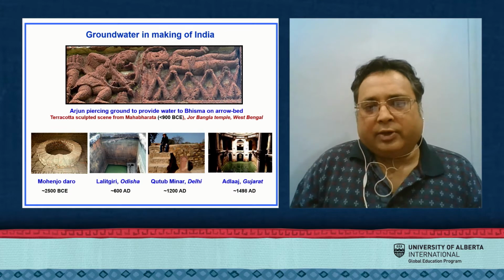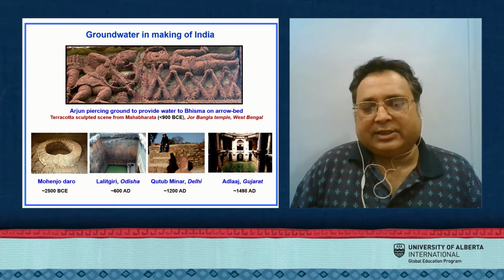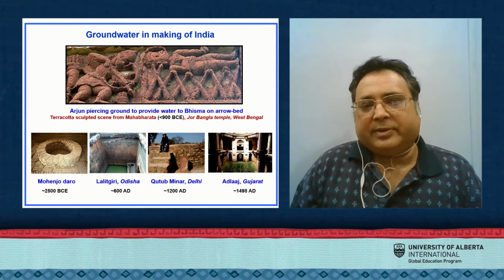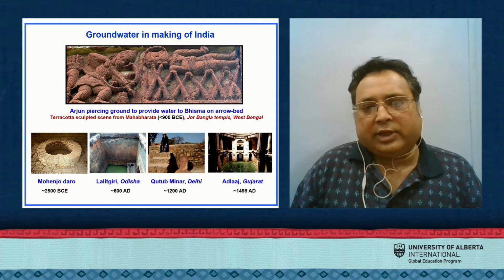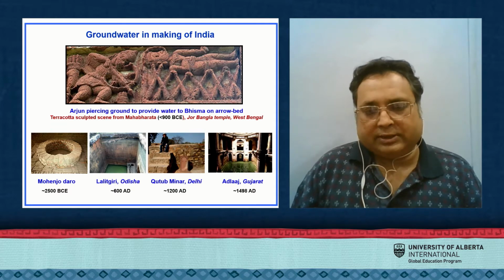So I start with this slide where I show you some motifs from some ancient legends or myths of India, where we see the usage of groundwater even in a legend back about 1000 years BC. So India has been using groundwater, or Indians have been using groundwater, for more than the last 1000 or 2000 years.